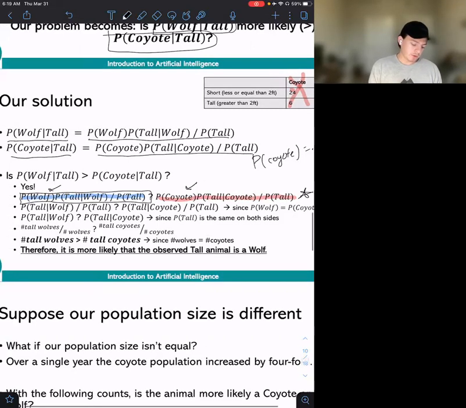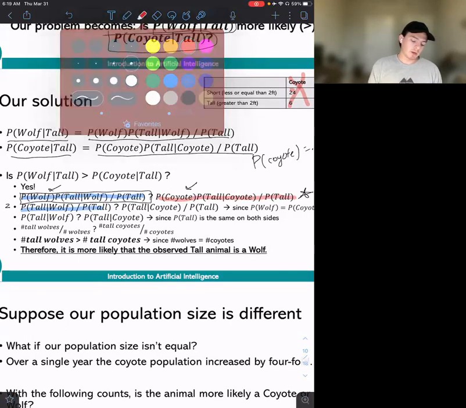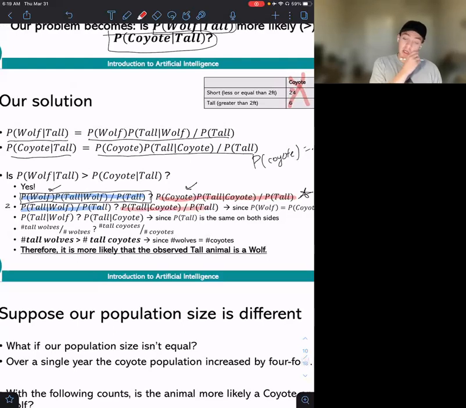And that yields us with our second form, where we have a conditional probability of tall given wolf divided by probability of tall, compared to probability of tall given coyote divided by probability of tall.